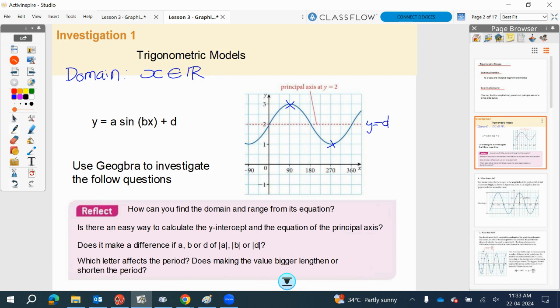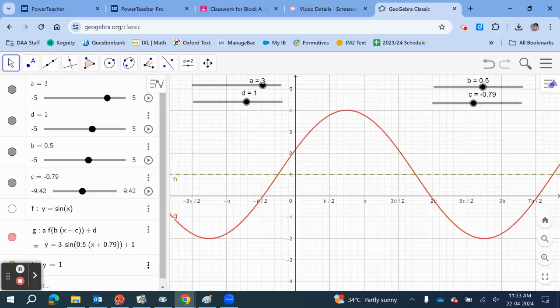This is d. Now, the original function, the parent function, goes one up, one down from the principal axis. So if the function has been stretched, like this one has been stretched by 3, it goes 3 up and 3 down.